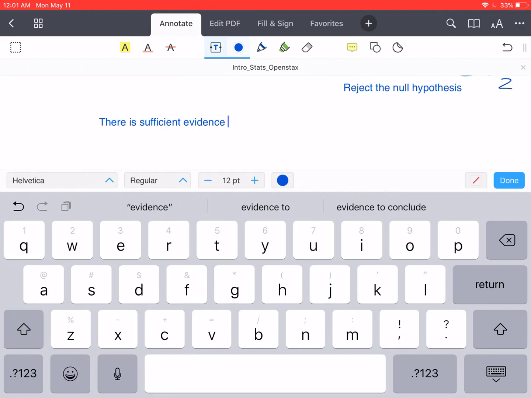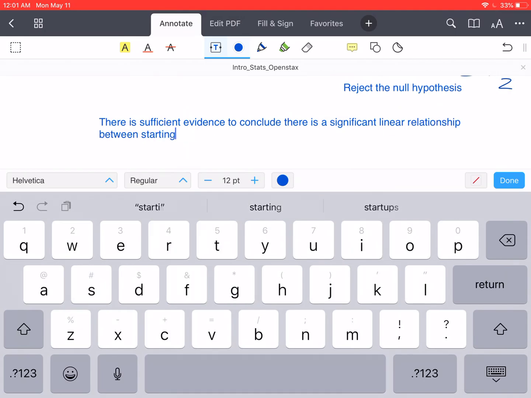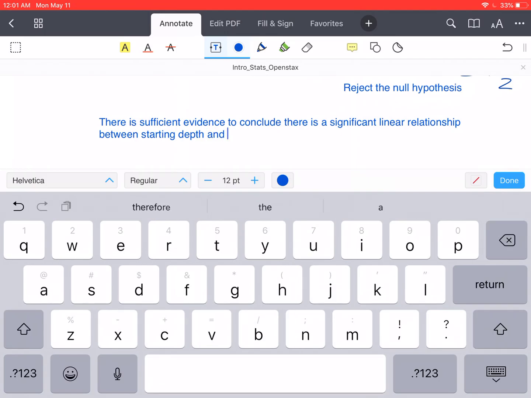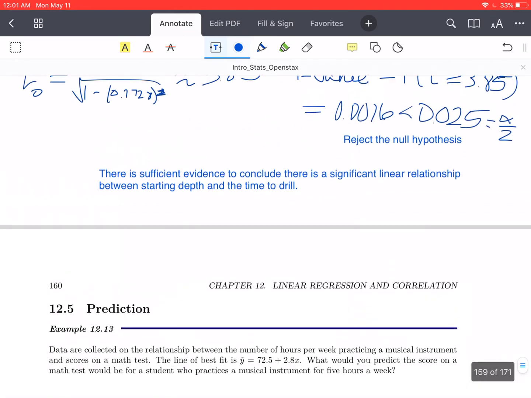So there is sufficient evidence to conclude there is a significant linear relationship between starting depth of the drilling and the time to drill. So the time that it takes to actually drill.